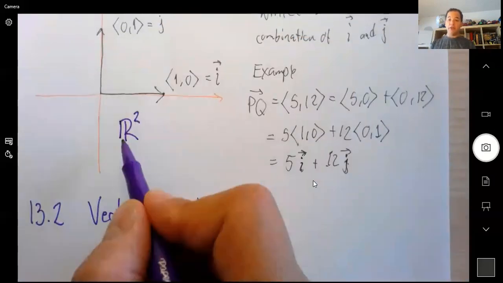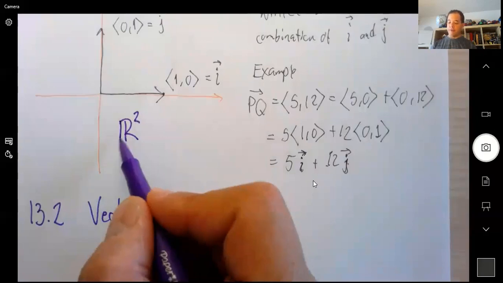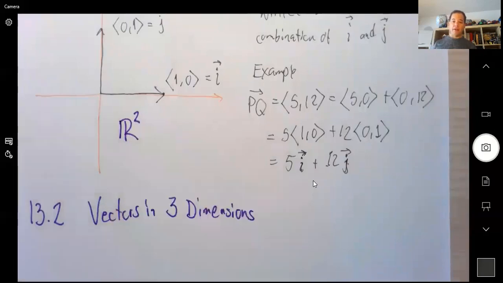This R is the real numbers, so it's like the Cartesian product of the real numbers with the real numbers: x coordinate, y coordinate. Now for three-dimensional space, we have three coordinates: the x coordinate, the y coordinate, and the z coordinate.